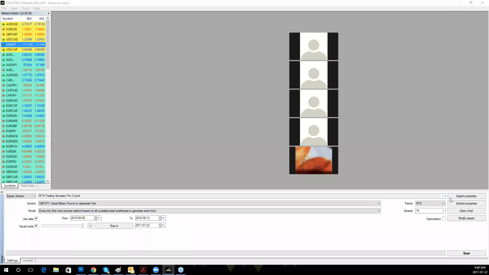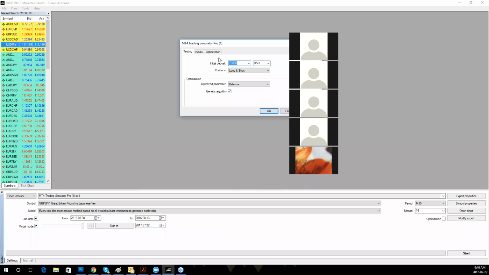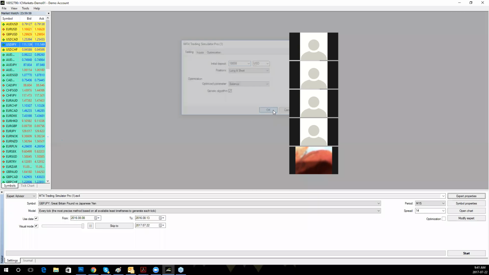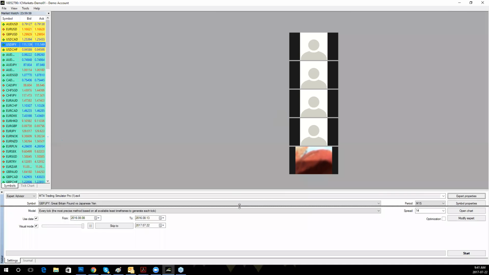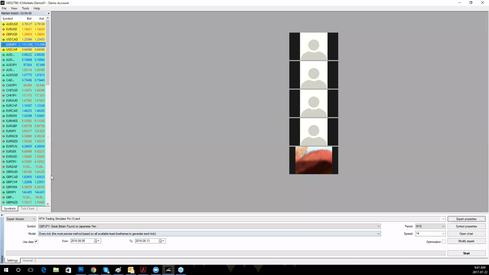USDJPY and start with 10,000. Are you doing 10,000 to 7 figures? 10,000 to 7 figures, mate. Let's go. That's exactly what we're going to do today. 10K to a milli. All right. 8 August.